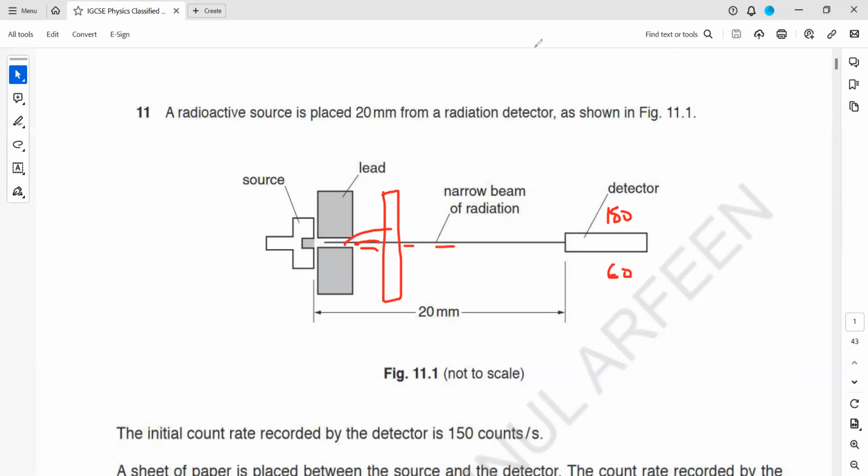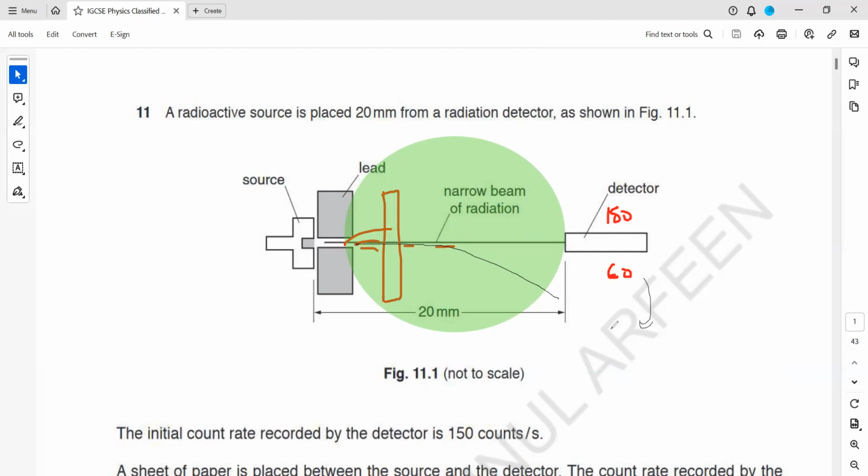We apply the magnetic field. We did not mention whether it is in or out, but we apply the magnetic field in a region. It can cause a deflection to both alpha and beta. Gamma cannot be deflected. So the counts have now reduced from 60 to 20.